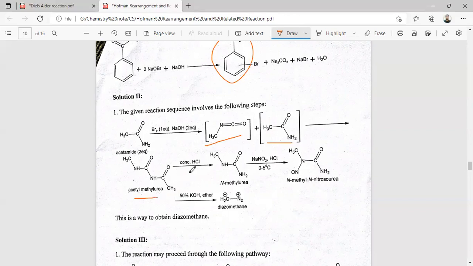Then upon concentrated HCl, this N-methylurea is formed. Then reaction with NaNO2 and HCl gives this N-methyl nitrosourea. Then 50% KOH and ether form this diazomethane. So this is the way to obtain diazomethane.